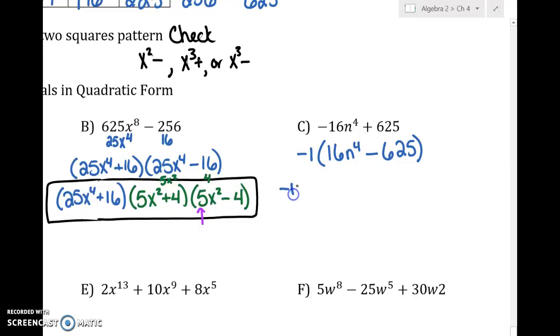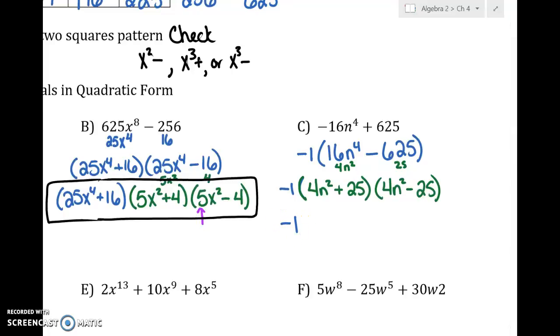So I've got the negative 1. This is the perfect square of 4n squared. This one's the perfect square of 25. So 4n squared plus 25, 4n squared minus 25. 4n squared plus is done.